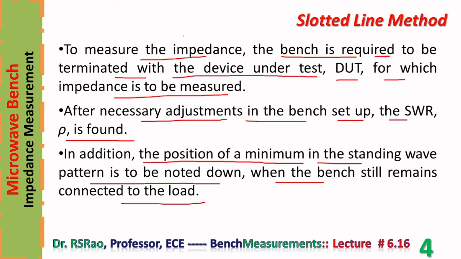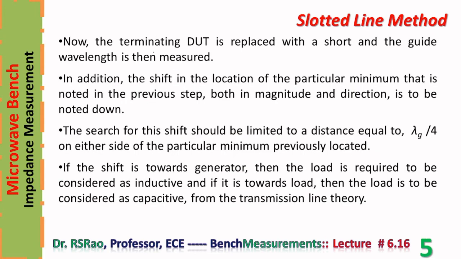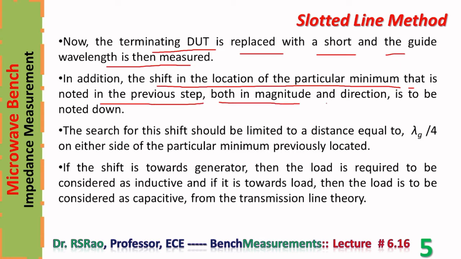Another is noting down the position of a minimum in the standing wave pattern. Now, the terminating DUT is replaced with a short and the guide wavelength is then measured. In addition, the shift in the location of the particular minimum noted in the previous step, both in magnitude and direction, is to be noted down.